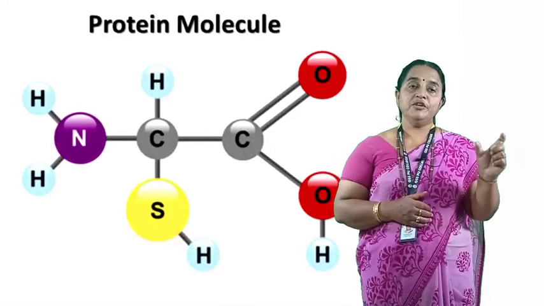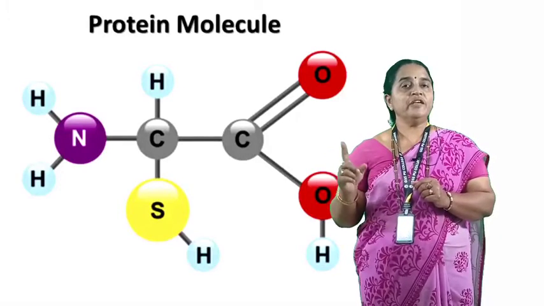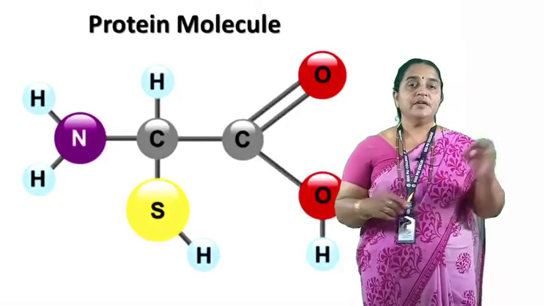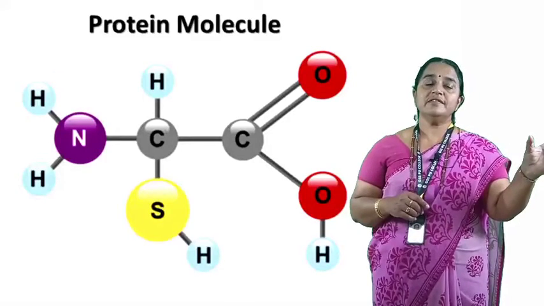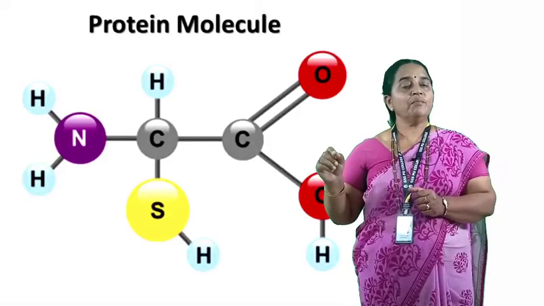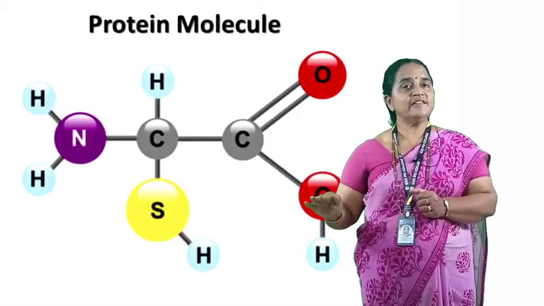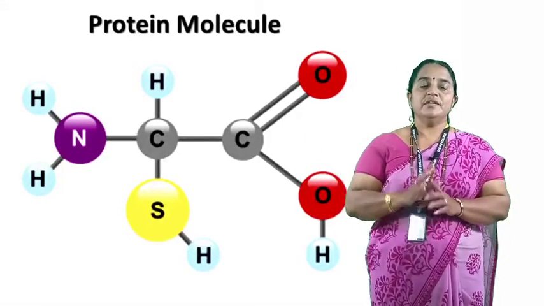One is amino group NH2, other is carboxyl group COOH. Amino group whose pH is more than 7, so it is a base or it is alkaline group. COOH is a carboxyl group whose pH is less than 7, so it is acidic.